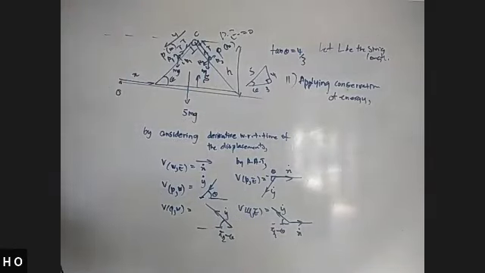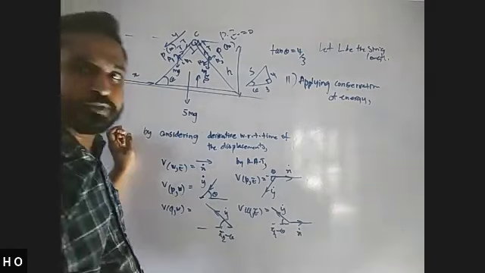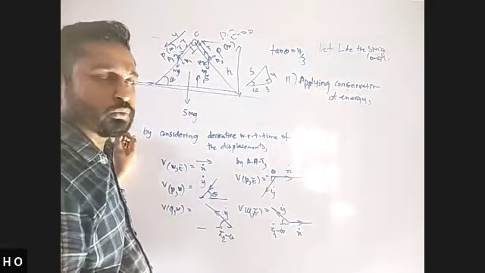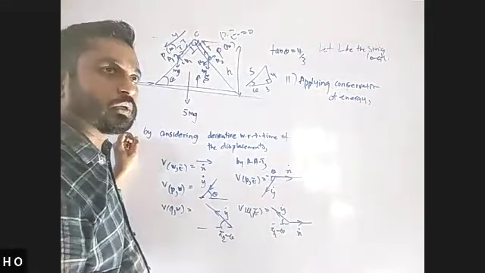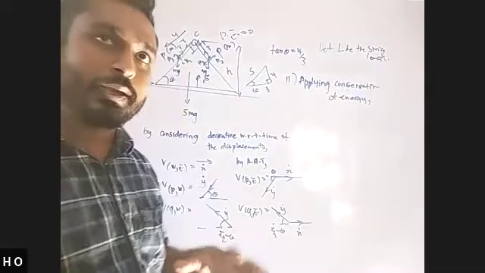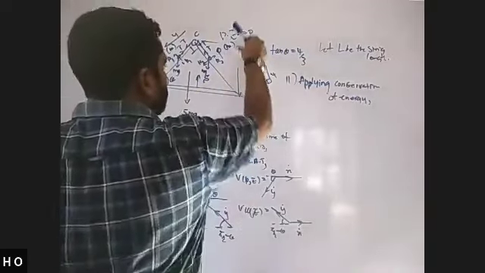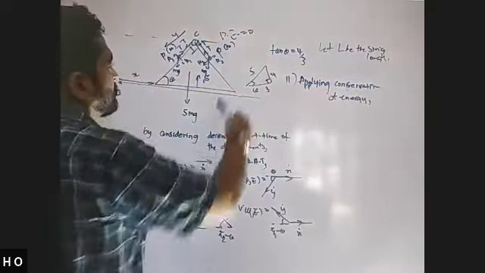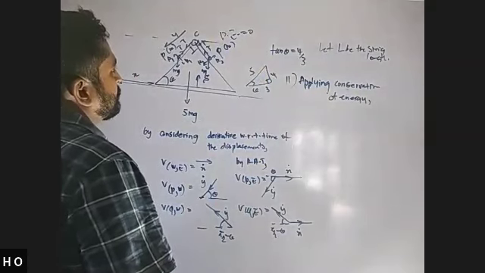When you consider the weight, it is an object, so you have to consider the height of the center of gravity for the potential energy. It is not h you have to consider, but the height of the center of gravity.